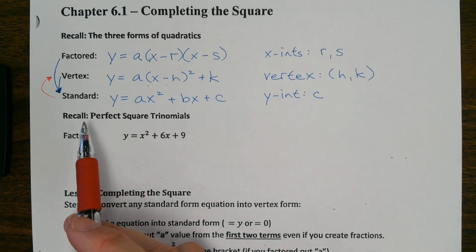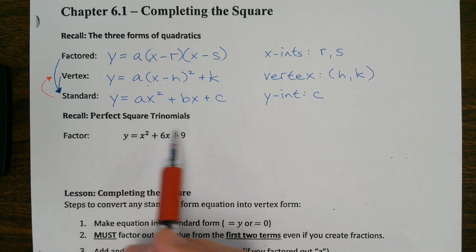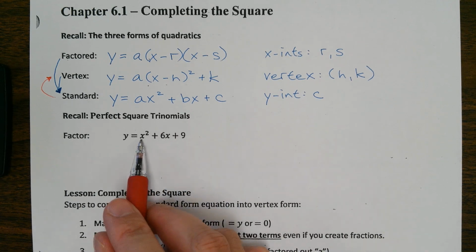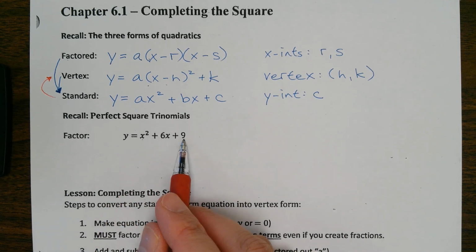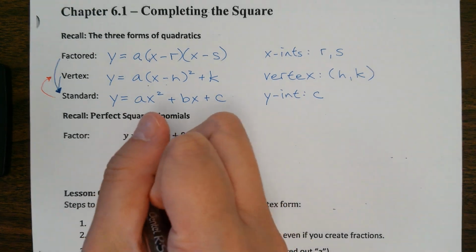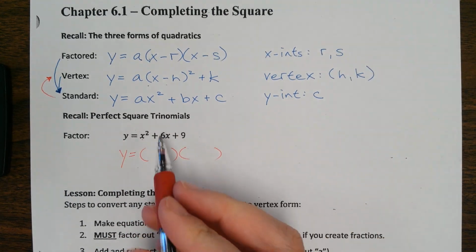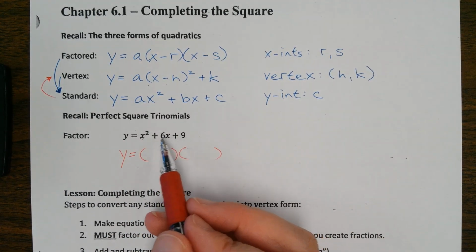Okay. So let's recall perfect square trinomials. So remember, 2 chapters ago we did perfect square factoring. X squared and 9, they're both perfect squares. So this factors out to what times what? It's a perfect square.